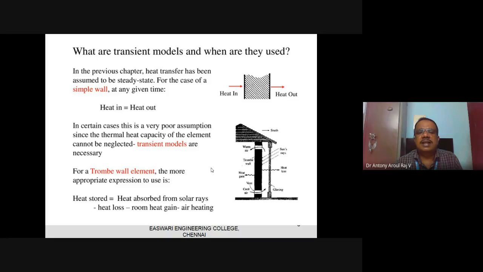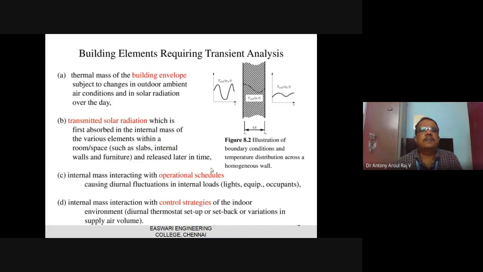So we are going to study the effect of transients. The effect of transients depends on the wall thickness. If you have a heavy wall, technically if the heat capacity is more, heat capacity being the product of m into cp, the mass of the wall is more and the cp is also more.